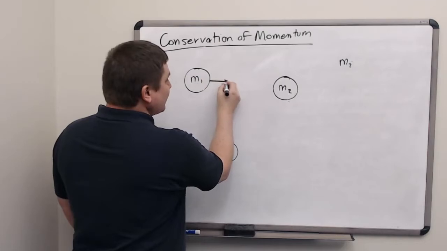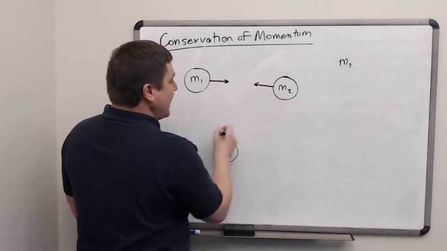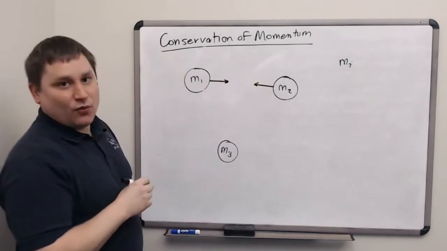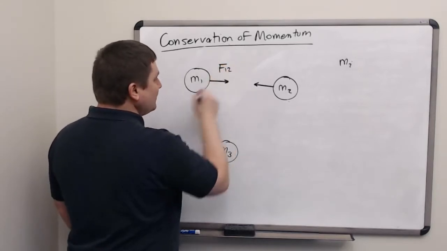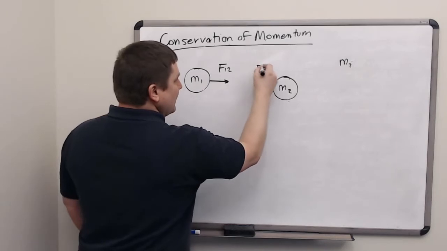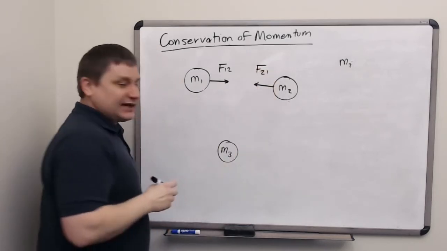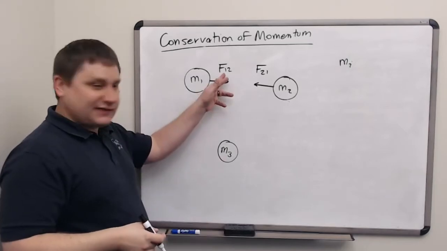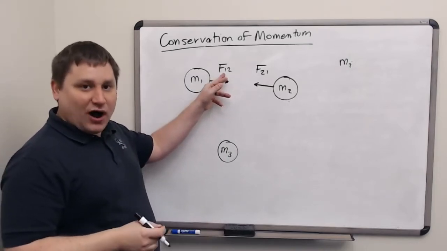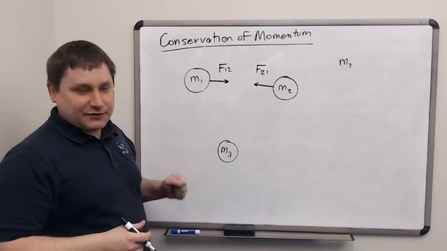Between each of these objects, there could be some interaction. Say between M1 and M2 there's an attraction. We'll label that as F12 acting on mass 1 and F21 acting on mass 2. So the object that feels the force is the first subscript, and the object that causes the force is the second subscript.